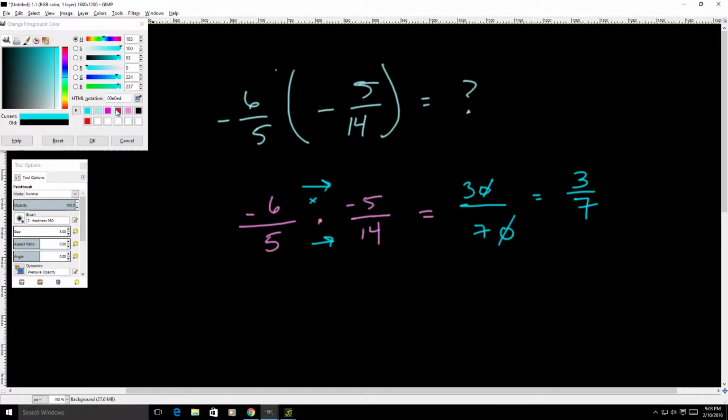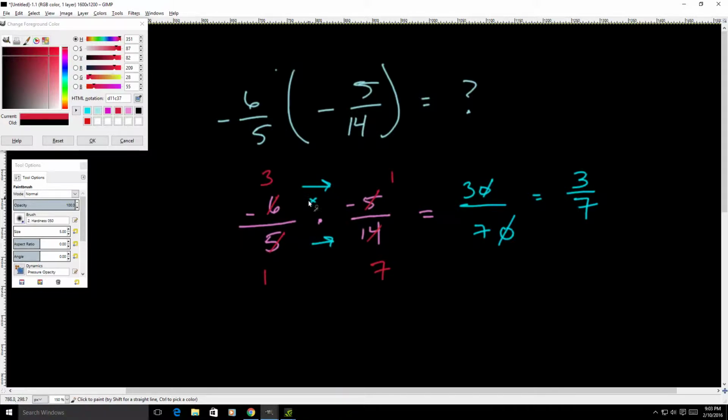Now, what you could also have noticed is that you can reduce these terms before you actually multiply them. You can take out a factor of 5 from the top and from the bottom, so those would both go to 1. And you can even simplify these because 2 goes into both 6 and 14. What you do to the bottom, you have to do to the top. So divide this by 2, you get 3. Divide this by 2, you get 7.